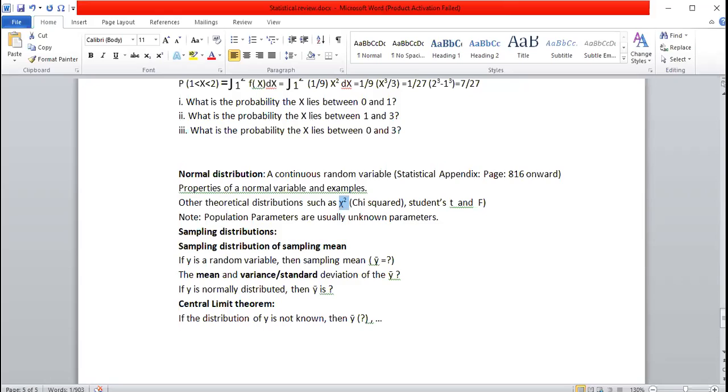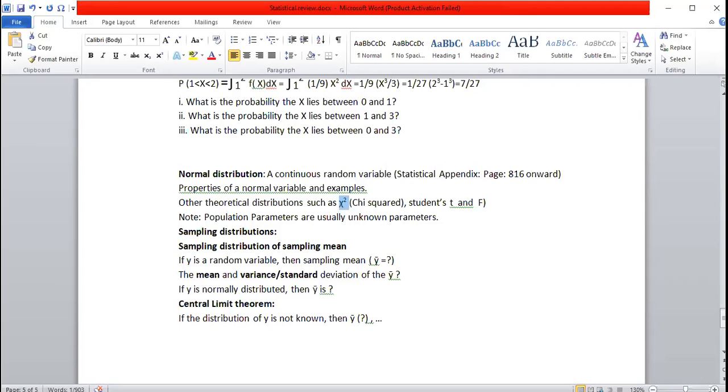Now there are other types of distributions, like chi-square. Chi-square is not like normal, as the square thing is saying. When you square, I'll go briefly. We'll be using them later on. If you have questions, you can ask. Chi-square is basically the square of some Z. What is a Z?